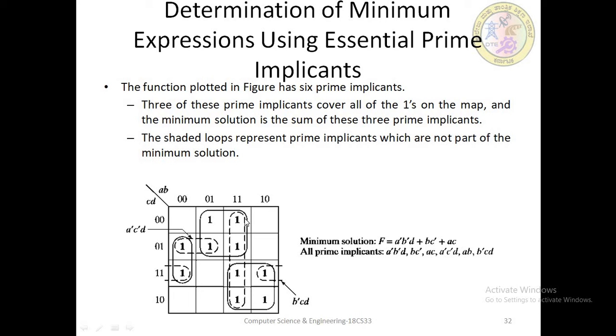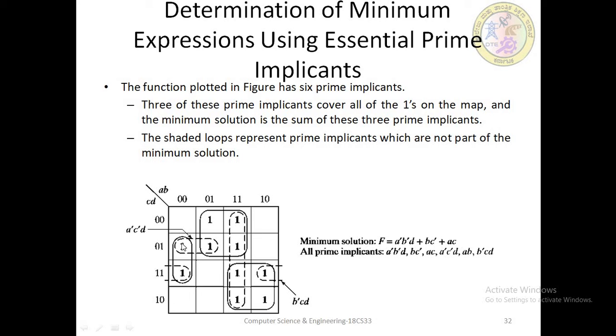So here you can see in the representation there are some dotted lines as well as solid lines. Here you can see how the prime implicant is formed, it is explained by the straight line, and how the non-prime implicant is formed, it is explained by using dotted lines.